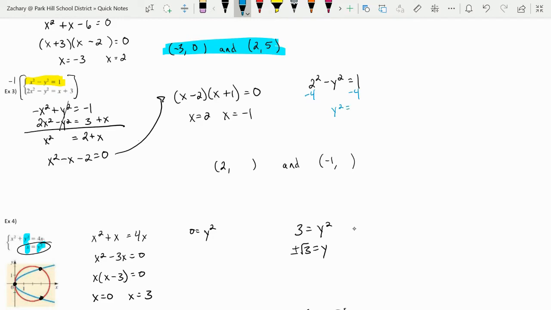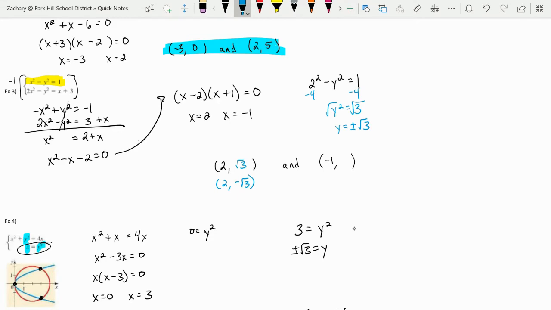So y squared is equal to 3. And then square root, and that gives me y is equal to plus or minus the square root of 3. So that gives me 2 square root of 3 and 2 negative square root of 3. So it gives me 2 different points for 2.